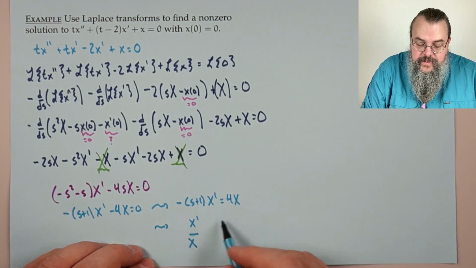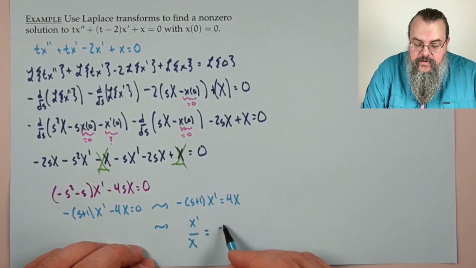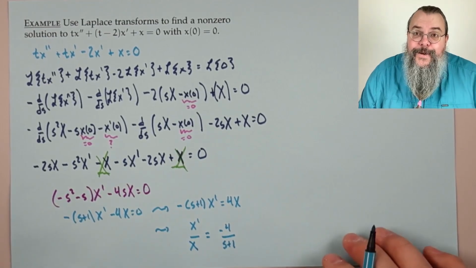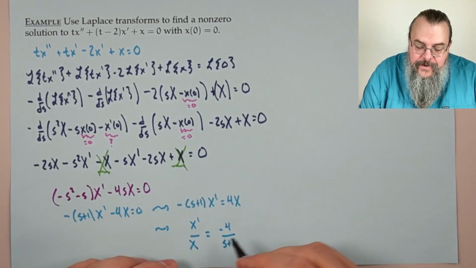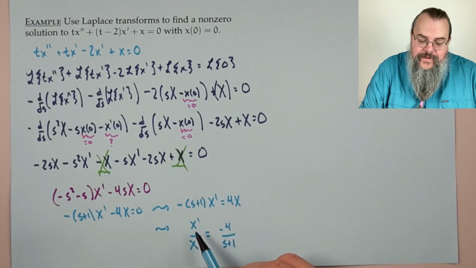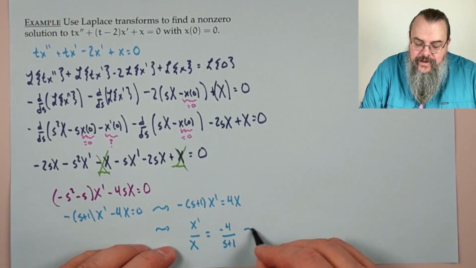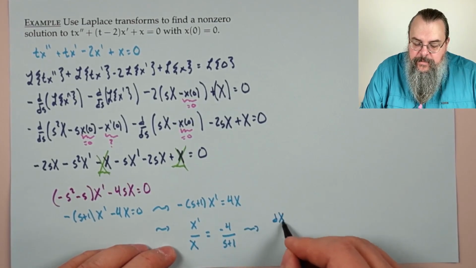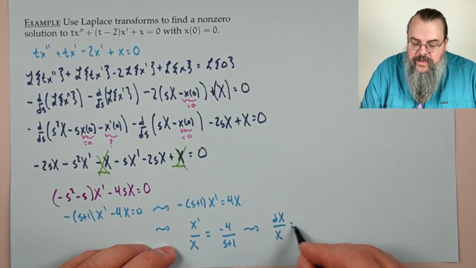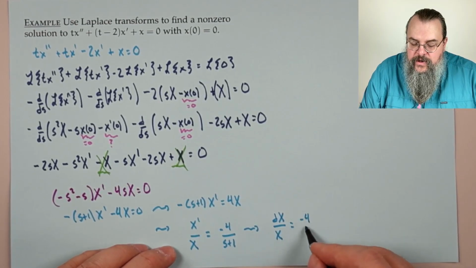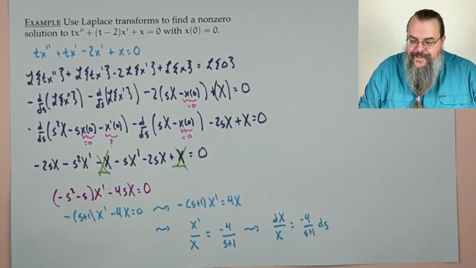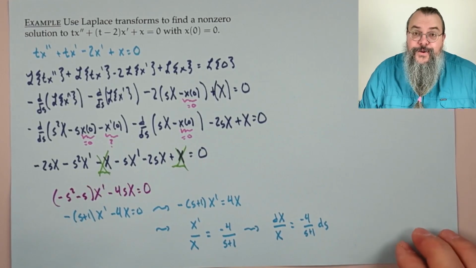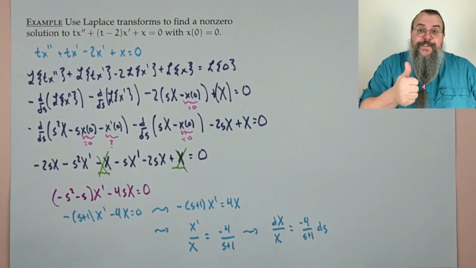Divide, is equal to minus 4 over s plus 1. And we've done, essentially, a separation here. Now, if you prefer, you can think of x prime as d capital X over ds. And so you could also write this as d capital X over x is equal to minus 4 over s plus 1 ds. All right, and so we are ready to integrate because we've done our separation.